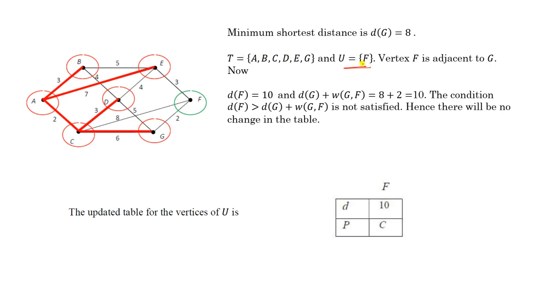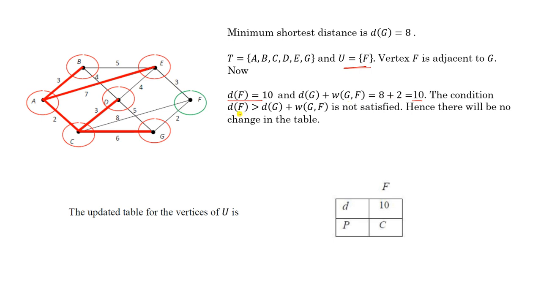Now you have only one vertex, F. F is adjacent to G, and we have previously selected this vertex G. Now for F, this is the existing distance and we have to calculate the distance through G. This distance is 10.